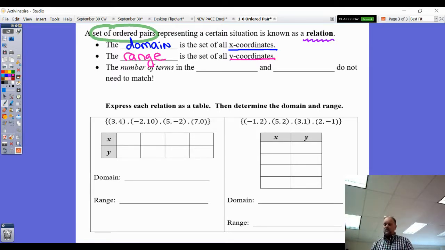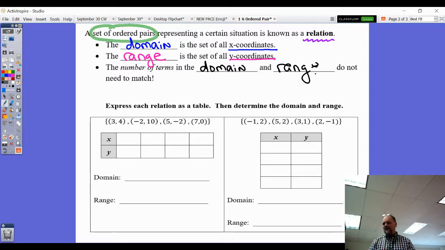So the x coordinates together are called the domain. The y coordinates together are called the range. The number of terms in the domain, which are the x's, and in the range, which are all the y's, don't necessarily need to match. It's just kind of where we group them.